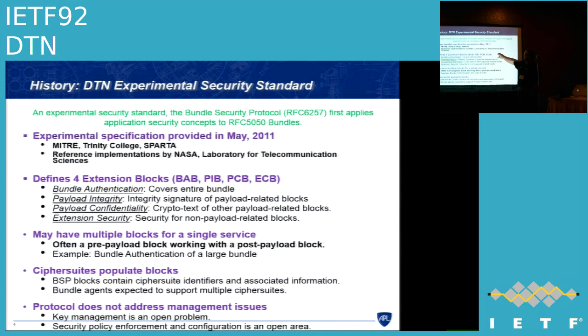These services of authentication, integrity, and confidentiality could be brought with multiple blocks. For example, bundle authentication would typically have a block at the beginning pre-payload and also an additional block post-payload, so that if you were processing large bundles, you could look at a header but not have to worry about a result until you get to the end from a processing perspective. And then separate from the block structure, various cipher suites could be used to generate ciphertext and parameters and populate those blocks.